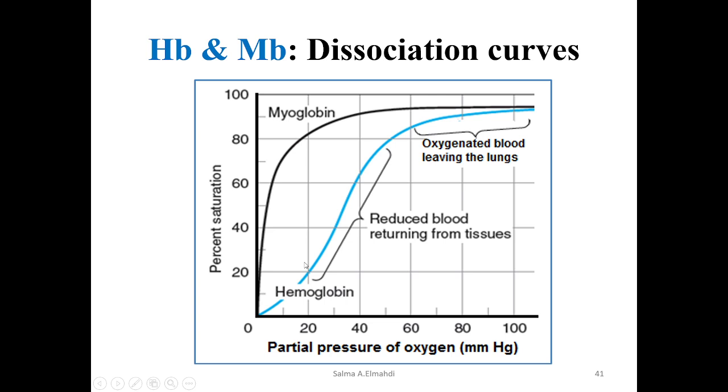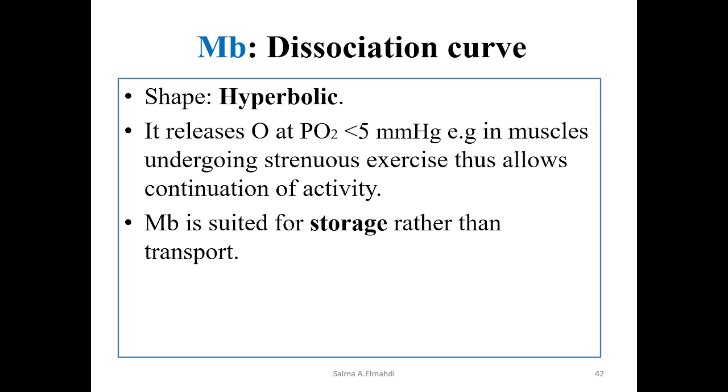As you can see, higher up here represents the area where hemoglobin is oxygenated in the lungs, and lower down represents the area in the peripheral tissues, where hemoglobin will have to unload or give this oxygen to the tissues.